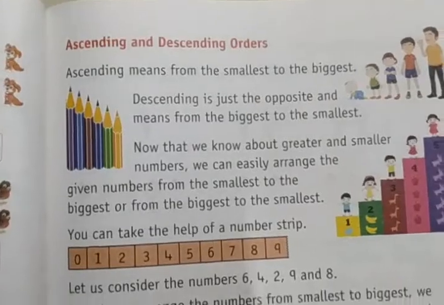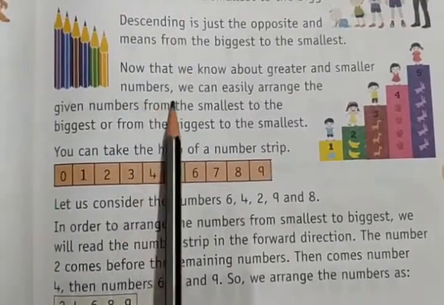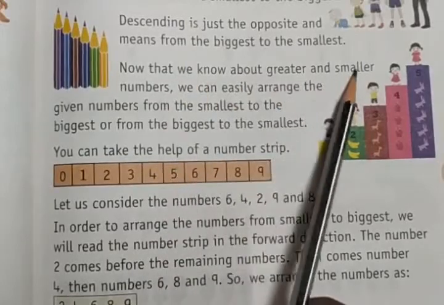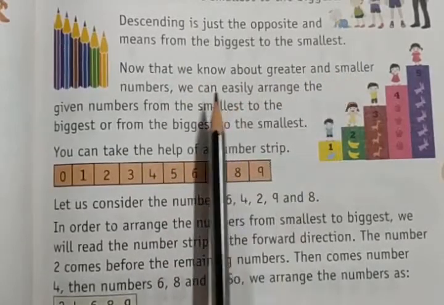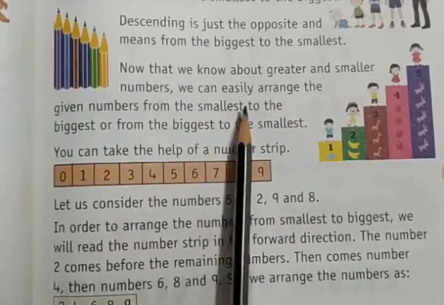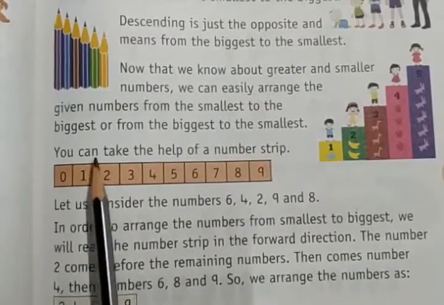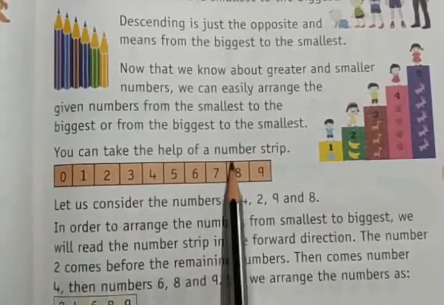Now that we know about greater and smaller numbers, we can easily arrange the given numbers from the smallest to the biggest or biggest to the smallest. You can take the help of the number strip.